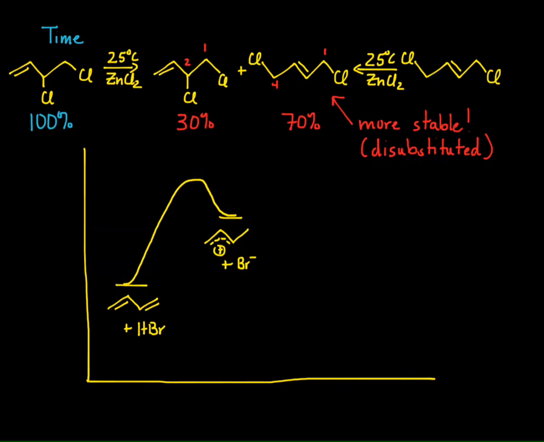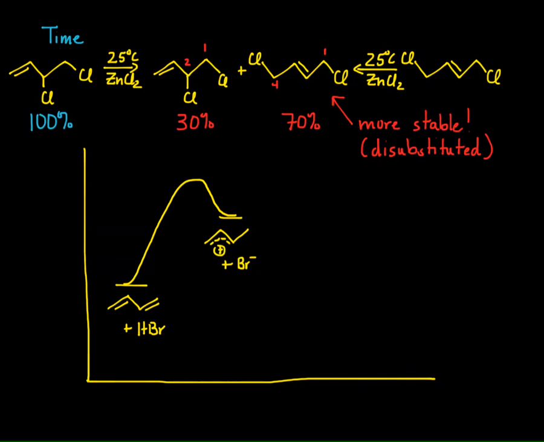And of course that's going to be the highest energy barrier, because to form a carbocation, regardless of whether it's more stable than a normal carbocation, it still requires the most amount of energy.